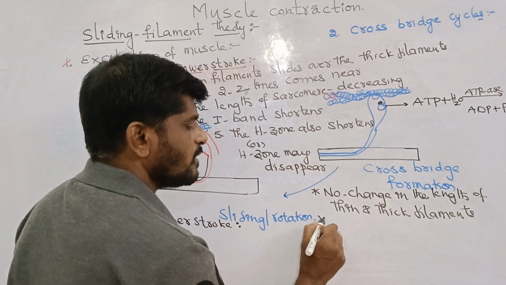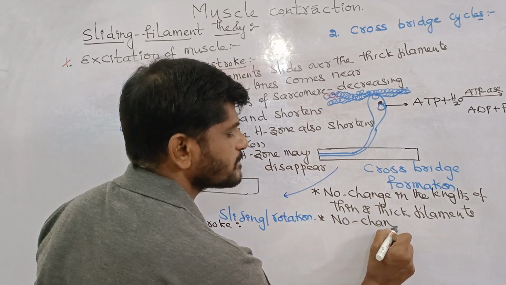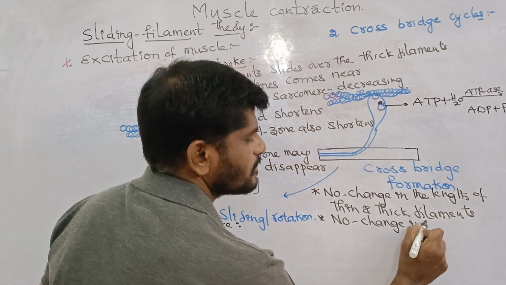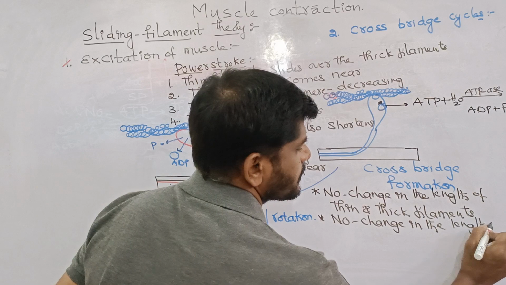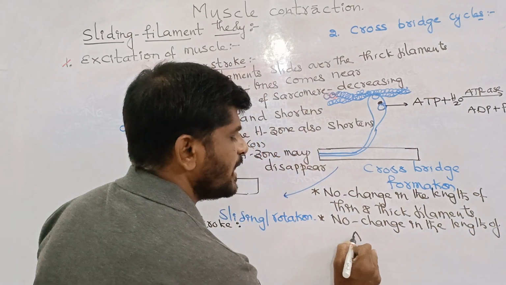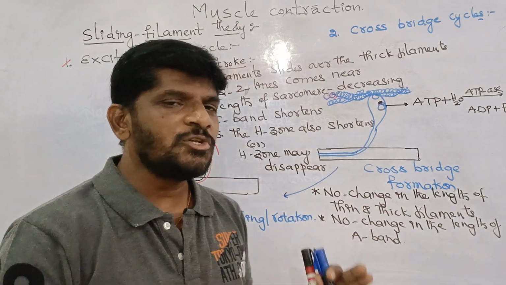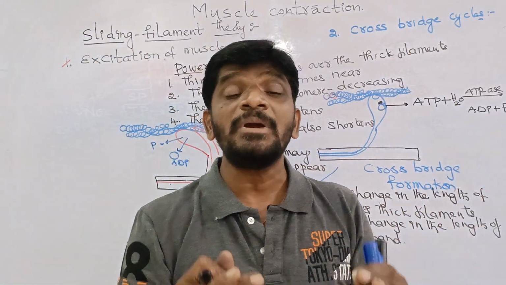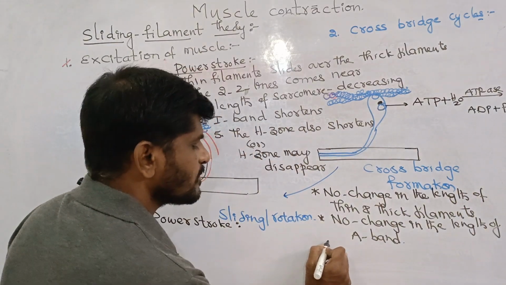And one more, there is no change in the length of the A band. But remember that even though there is no change in the length of the A band, there is a structural change in the A band. What is changing?